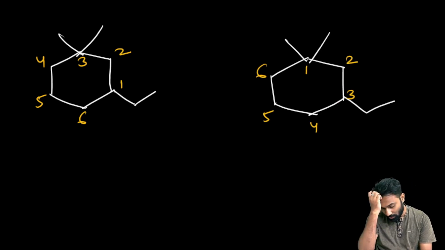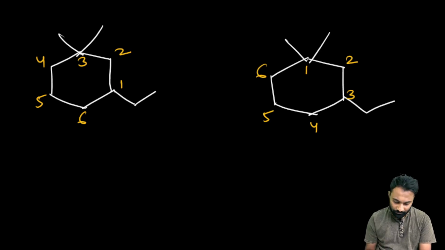Now if you follow the alphabetical order, that is fine when only a disubstituent is there, methyl and ethyl. But here we are having trisubstituents, right? Then you have to cross-check the locant sum rule also.